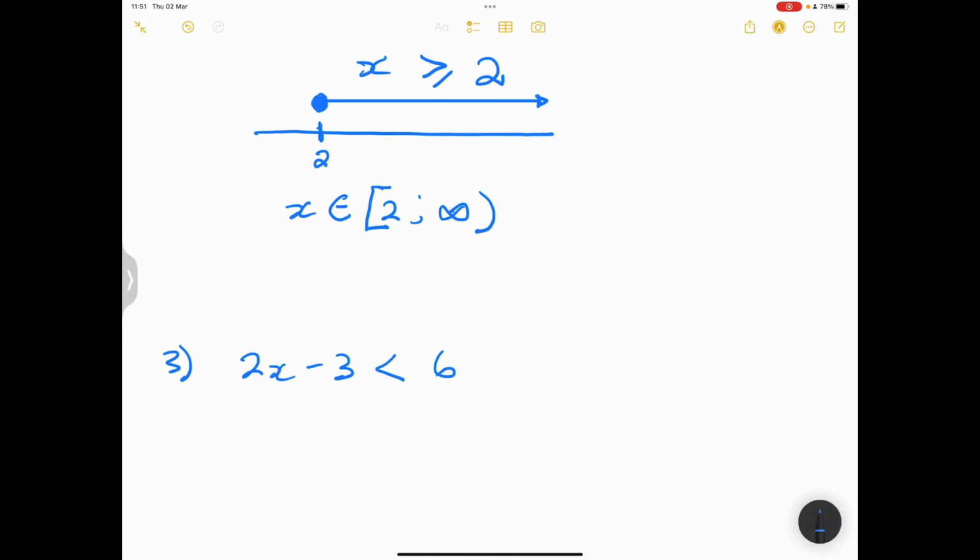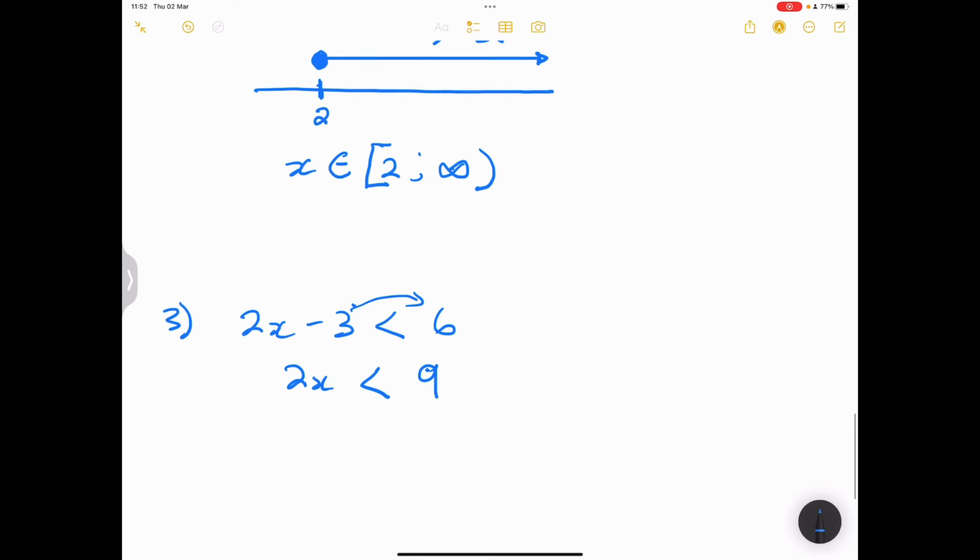So we've got 2x, I'm going to take the 3 to the other side, so it would be less than 6 plus 3. Remember, when I take it to the other side, it changes sign. So that becomes 9. So I'm going to divide both sides by 2. So I end up with x is less than 9 over 2.